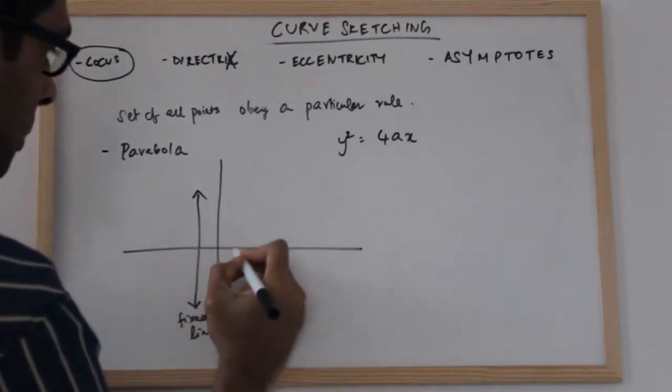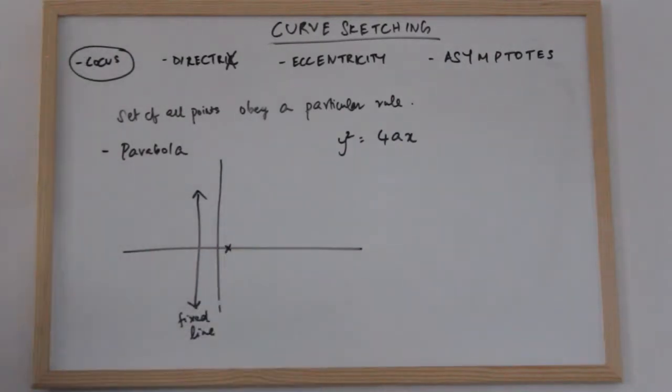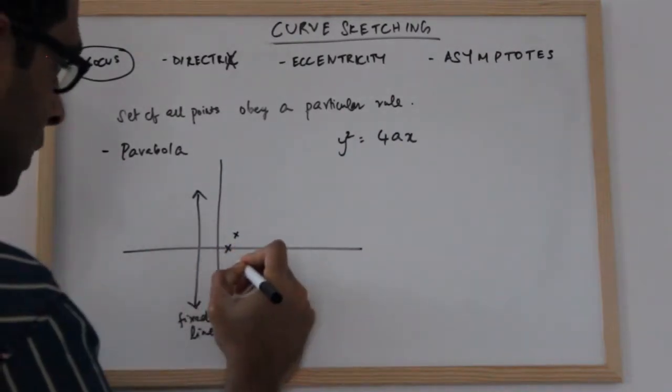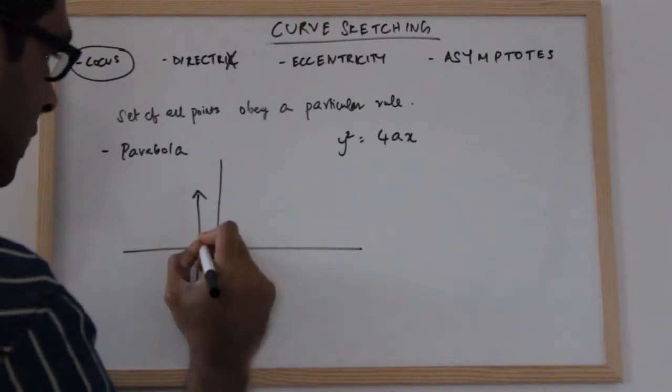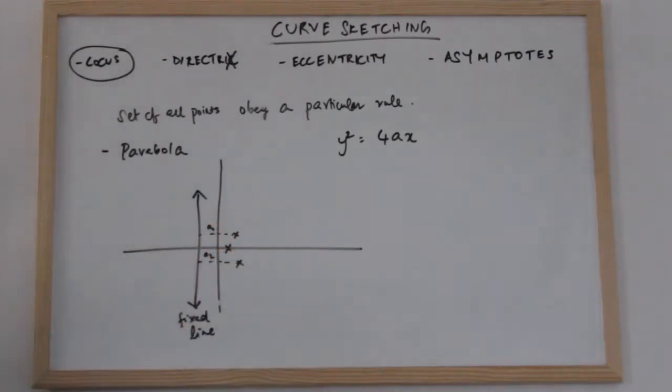So from here, if we plot an equidistant point, it's this, and here, such that these two are equal, A1 and A2.